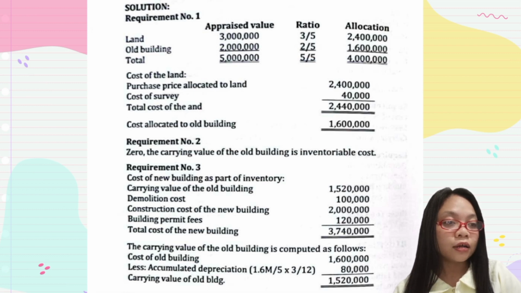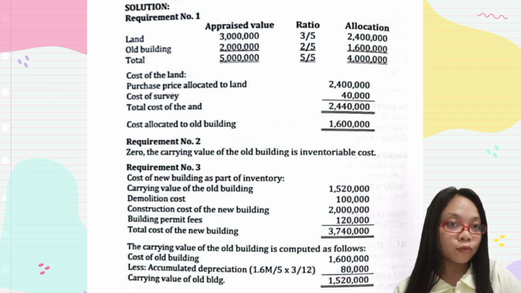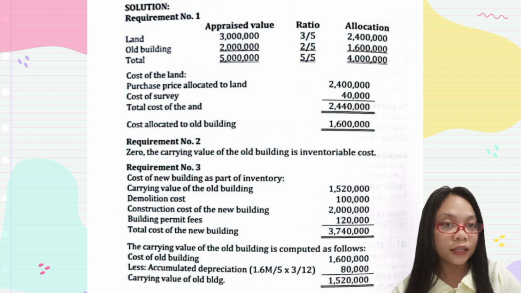This carrying value of the old building comes from subtracting the accumulated depreciation from the cost allocated to the building. So, the cost allocated to the building is 1,600,000 minus the accumulated depreciation of 80,000. So, the carrying value of the old building is 1,520,000. Then, as stated in the rule, we add the demolition cost amounting to 100,000 pesos and the construction cost of the new building, which is 2 million pesos.